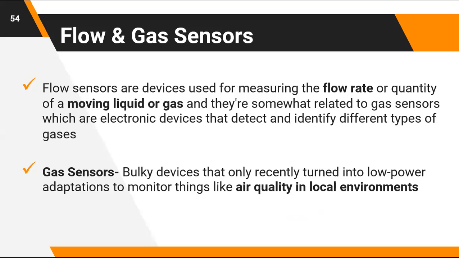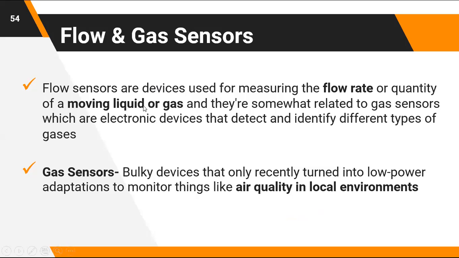The next level of sensors are flow and gas sensors. As I told you, a flow sensor you can fix in a petrol pipeline or a gas pipeline. The main purpose is to maintain the uniform flow of the liquid or a particular gas.